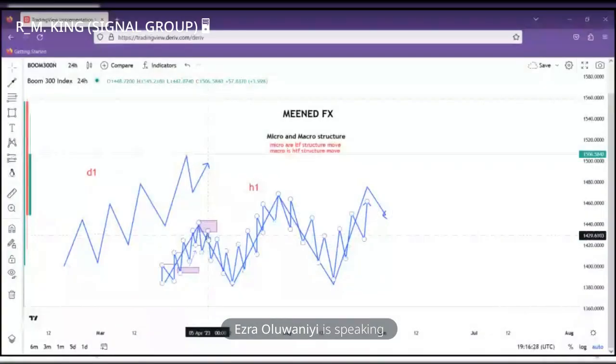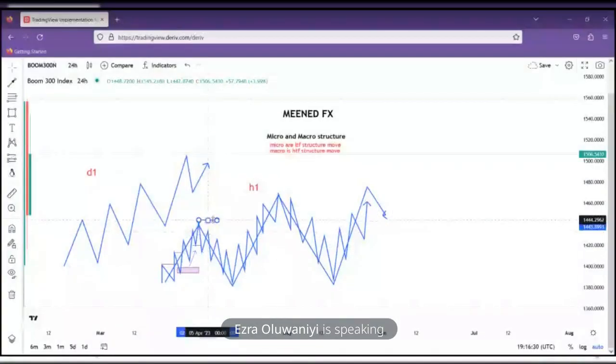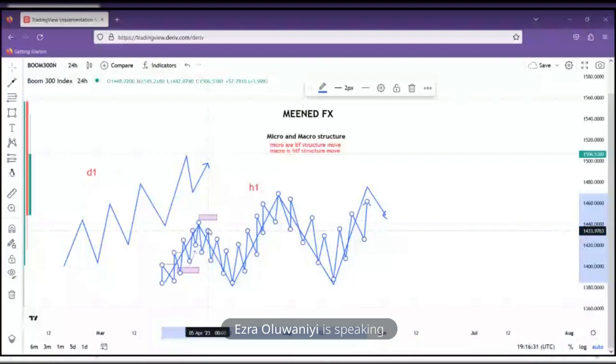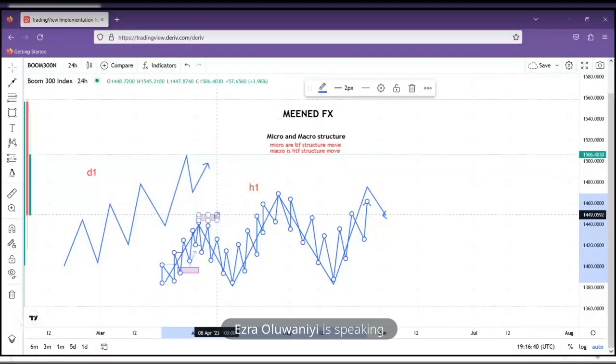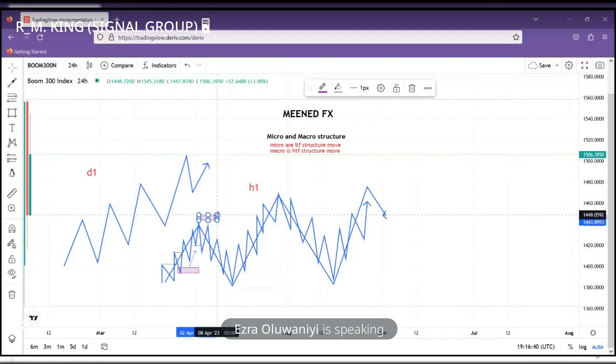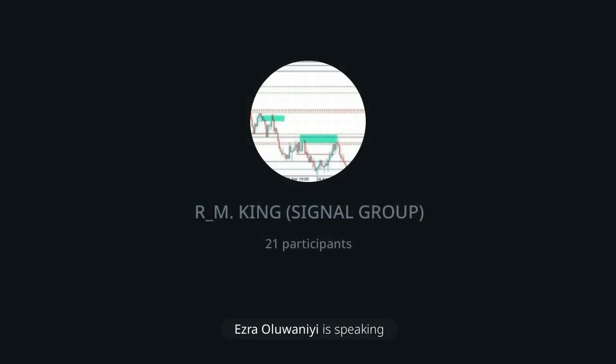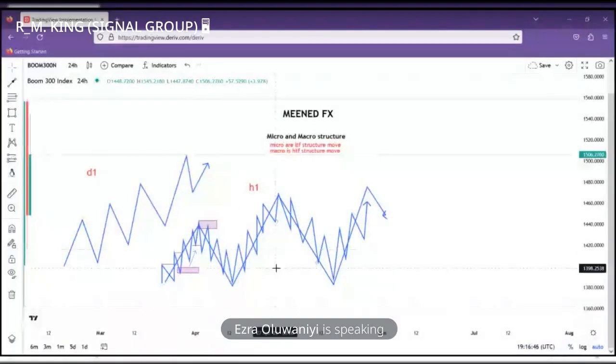Price might just come here and then push up and continue going up. But there is a little confirmation that we've gotten that price might want to retrace. So this is just the basic sketch on micro and macro structure. Now we are going to go, and all of this is based on structure.